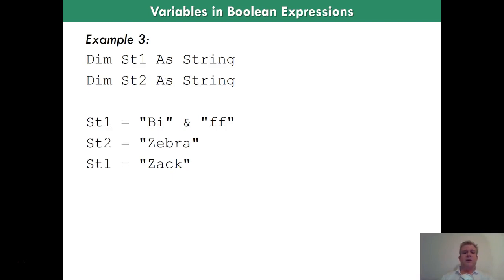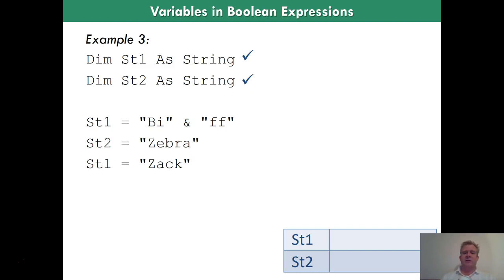Now for example 3, in this case we're using strings. So we have 2 string variables, st1 and st2, and we would make our trace, and again we put the variable names on the left hand side, st1, st2, and then we go through the program and we assign values to our variables.